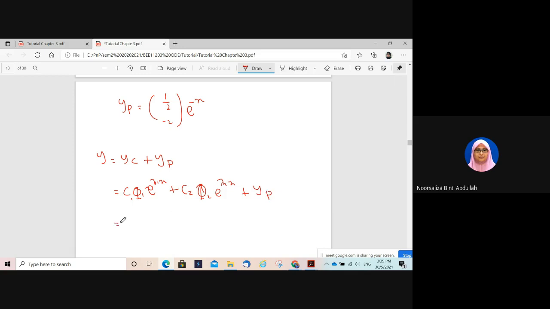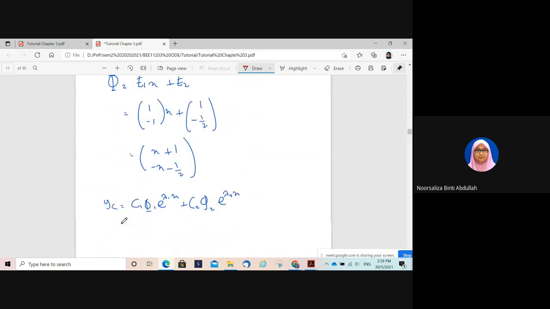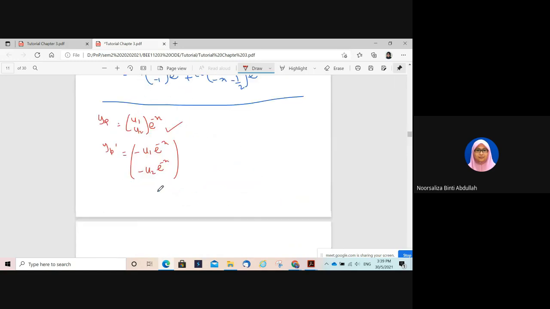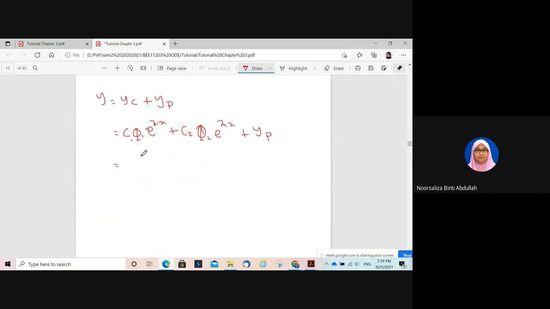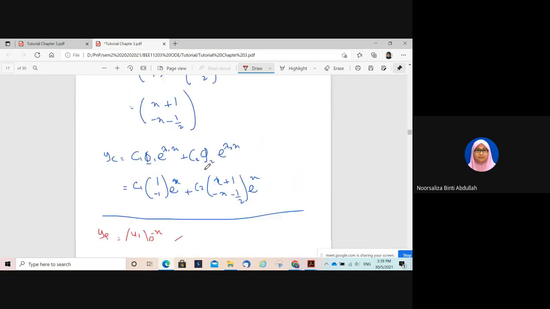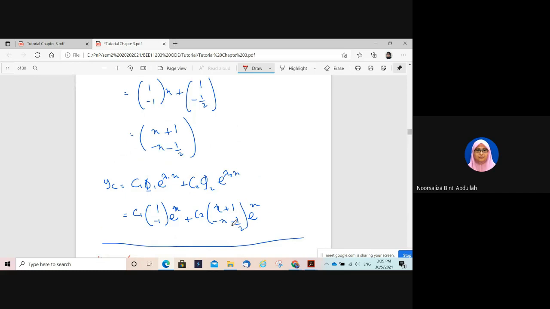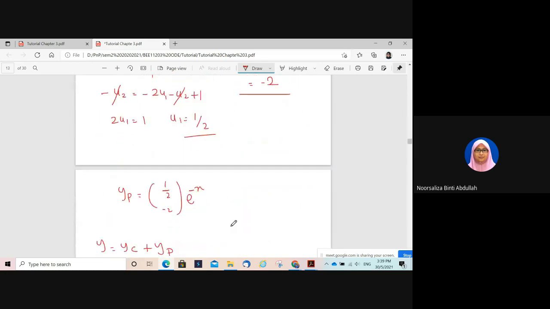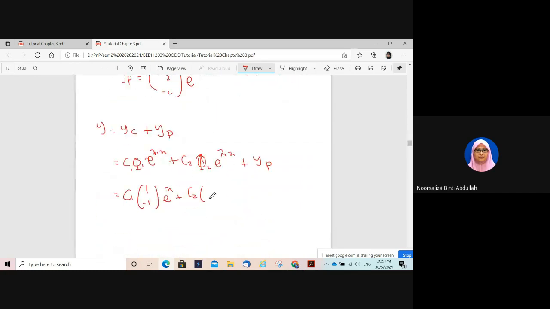So YC kita tadi C1 1 minus 1 exponent X plus C2, X plus 1 minus X minus half, exponent X plus YP.